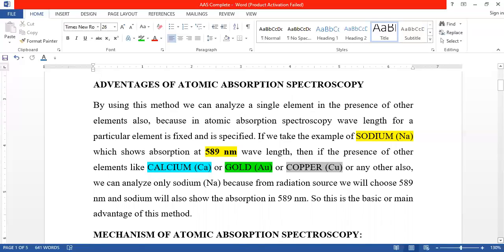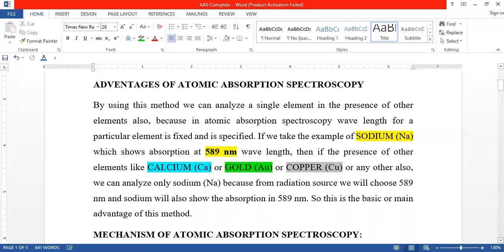For example, sodium shows absorption at a wavelength of about 589 nanometer.